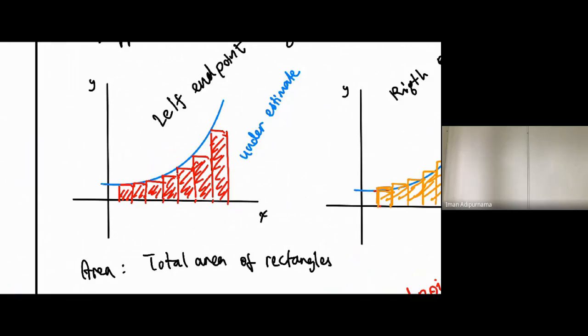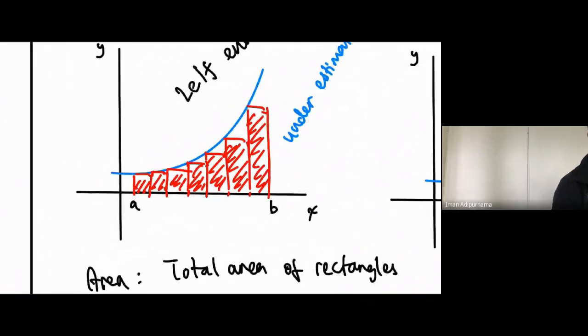And the conclusion, because you are using this left side, you see this is the curve, this is the area under the curve. Let's say this is AB. You see this small triangle here? It's a gap, right? It's like a hole.